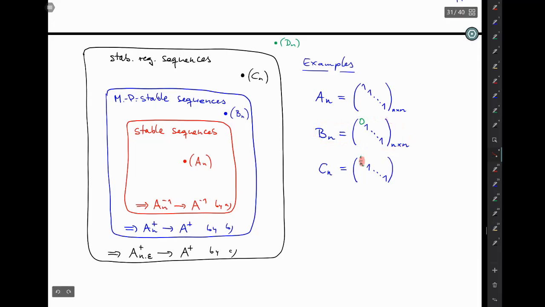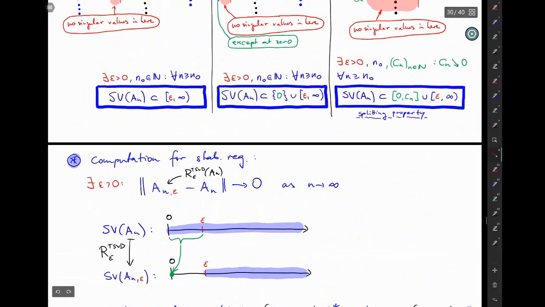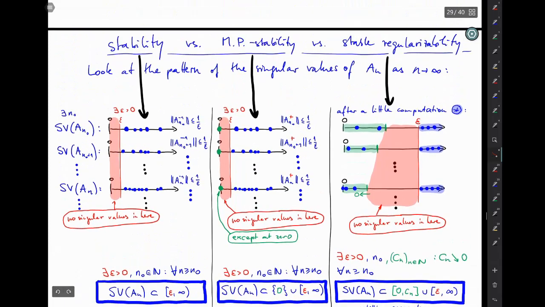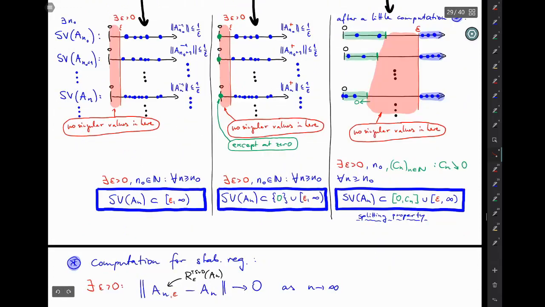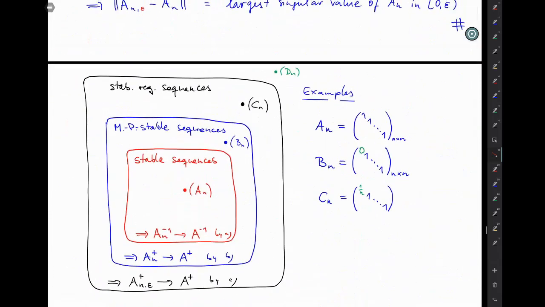Or you could say it like this. I mean, this 1 over n is in this green bit here, which goes to 0, so it's inside an interval from 0 to c_n, which you could take 1 over n itself, and therefore you're in the regime of stably regularizable sequences.